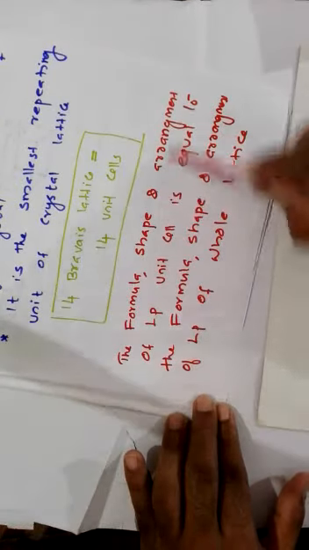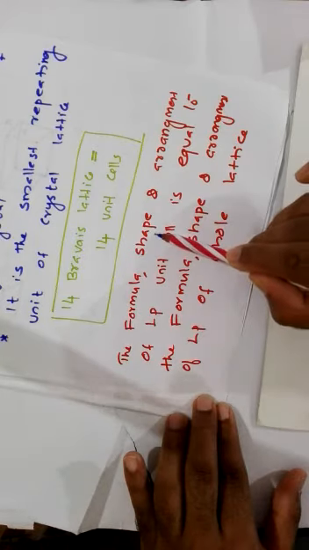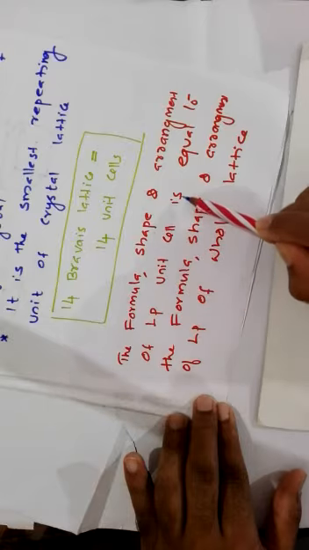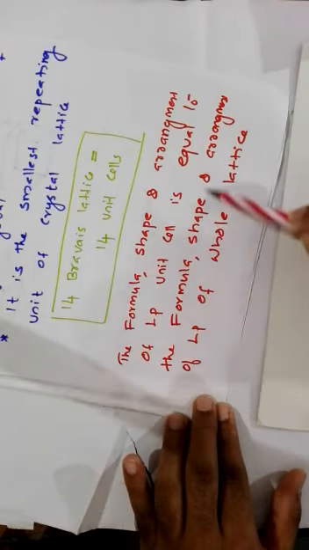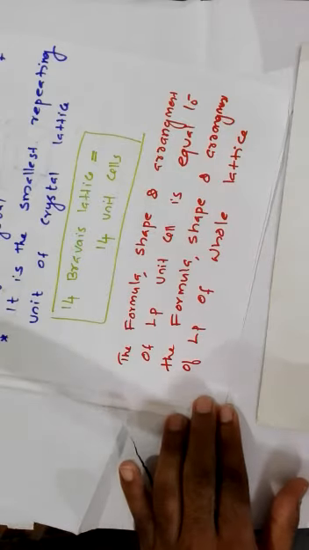Why do we take the unit cell as a concept? Because the formula, shape and arrangement of lattice points in a unit cell is equal to the formula, shape and arrangement of lattice points of the whole crystal.